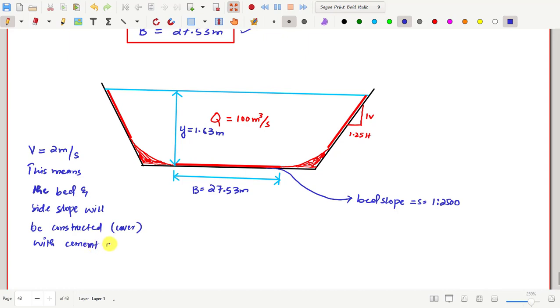C-E-M-E-N-T, cement concrete. Okay, that's it. So we are done with the designing of the lined canal.